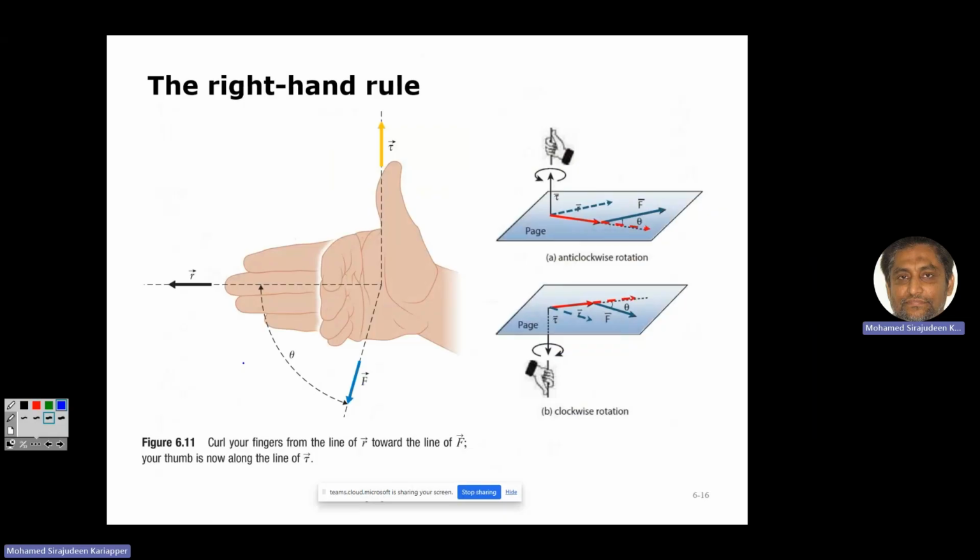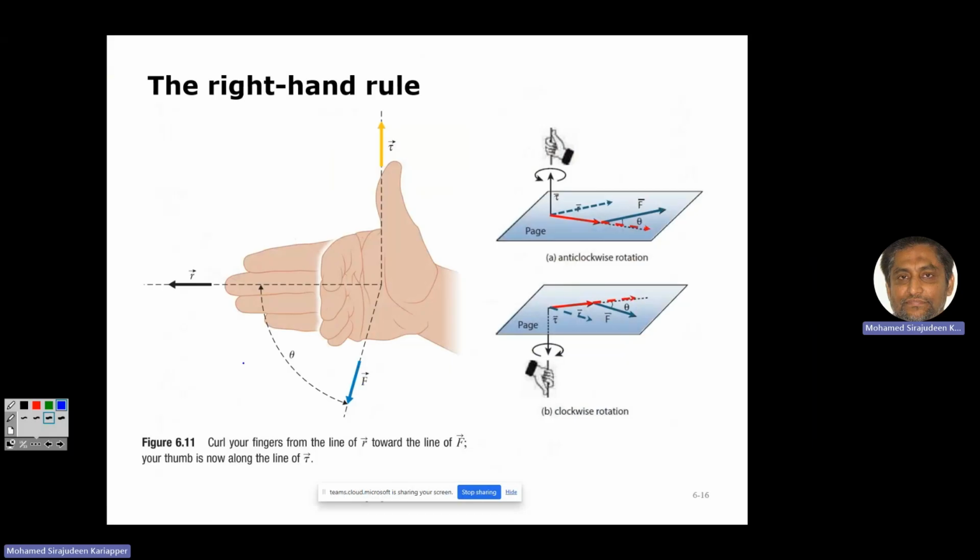You can, but it is through a long angle, right? If you keep it like this, can you curl? No way, right? So you must keep it like that. This choice is out because you have to curl through a big angle. So you keep it like that, and you can curl, and look at the thumb. The thumb is pointing up. So that is the direction of the torque.